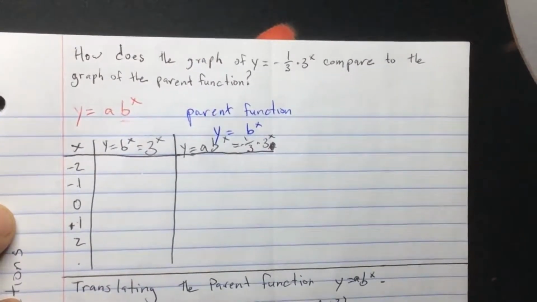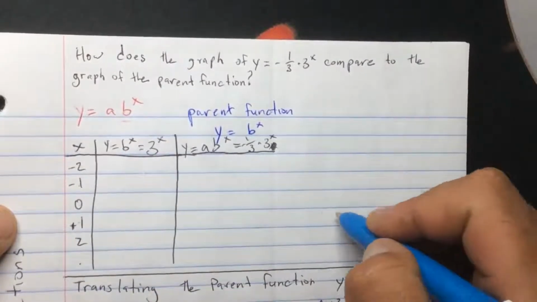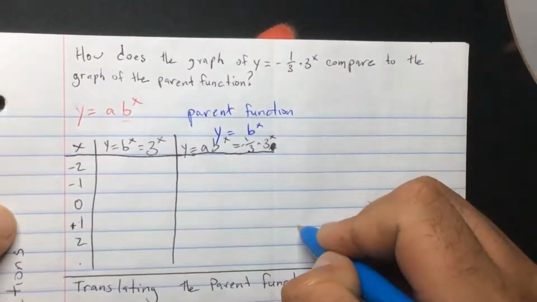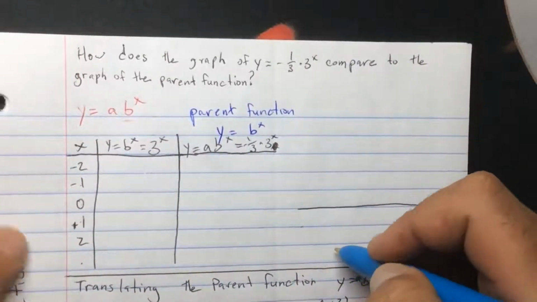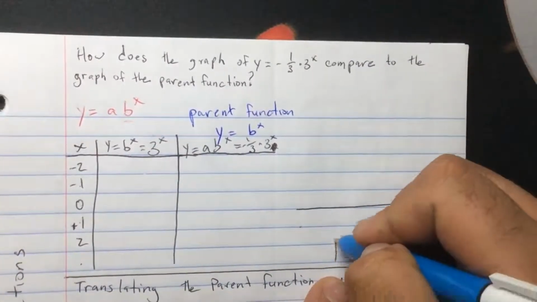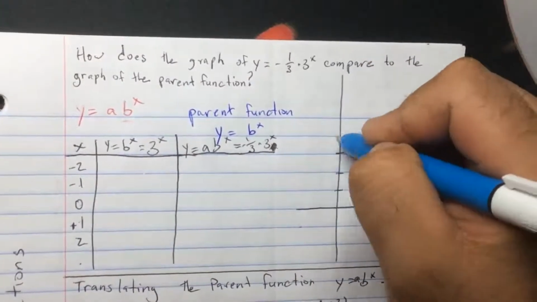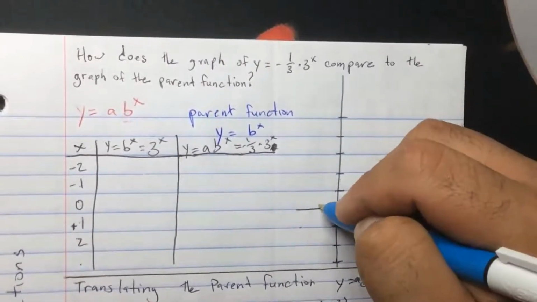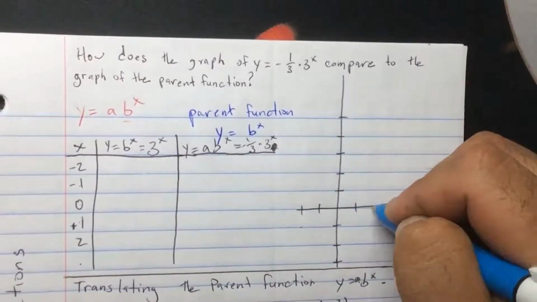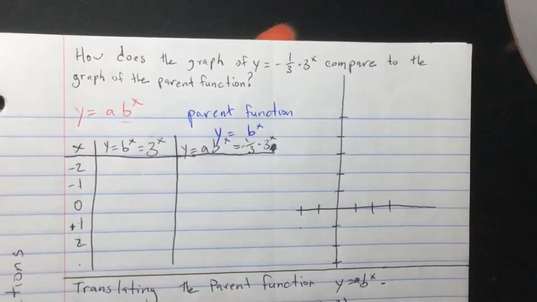We're also going to have our graph on this side, which we'll graph once we have the points. I know it's going to be something like this. We are going to go down a little bit. We're only really going to go to 2, but just to put it on there.